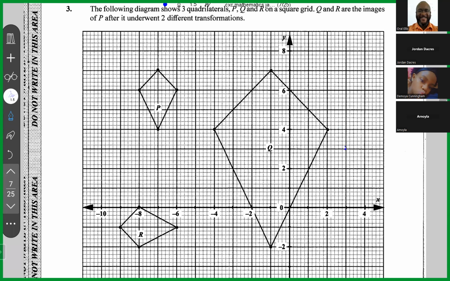And how do we move shapes in a transformation? We move it 1 vertex at a time. After I move 1 vertex, you just move all the others, and once you move all the others, you just redraw the shape. So all I do is move all the vertices and then redraw the shape.